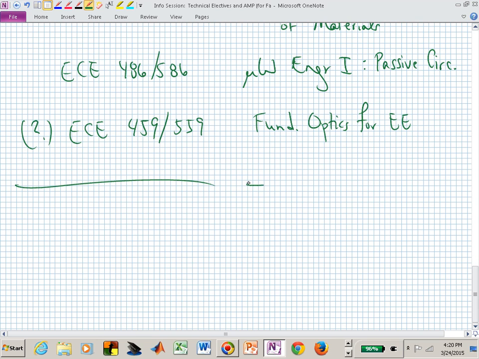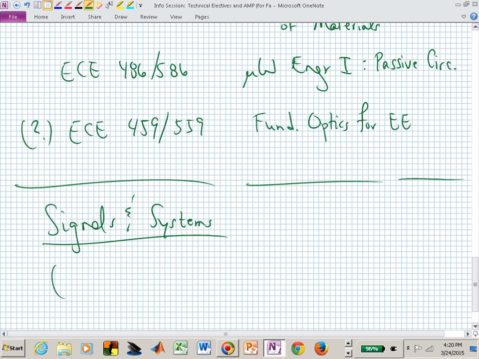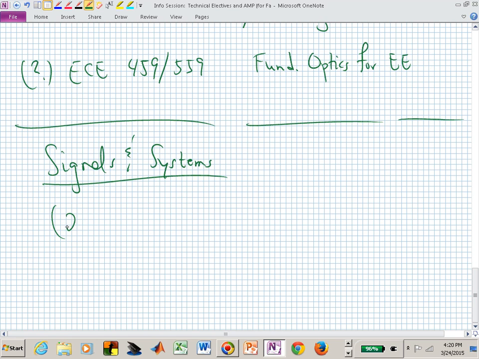One more category of classes is signals and systems. This draws from the 20s, the 30s, and the 40s. And in the fall, it's not that filled with courses.